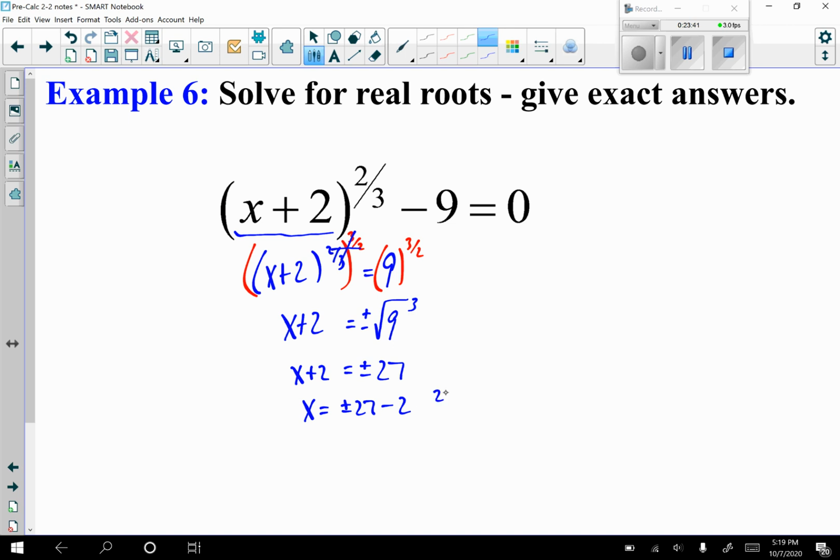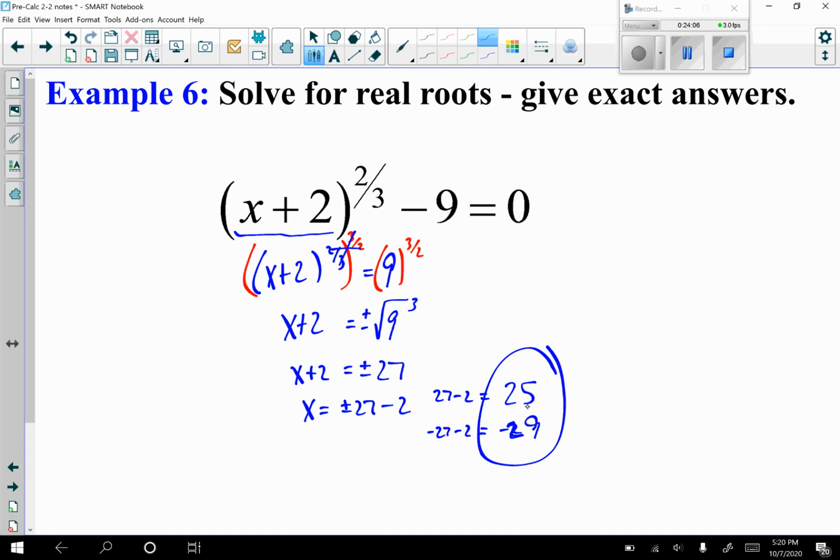This just means 27 minus 2, and we get 25. And negative 27 minus 2. It's not plus or minus 25. This is negative 29. So those are the two answers. Not just plus or minus your final answer, but plus or minus 27. So positive 27 minus 2, negative 27 minus 2.